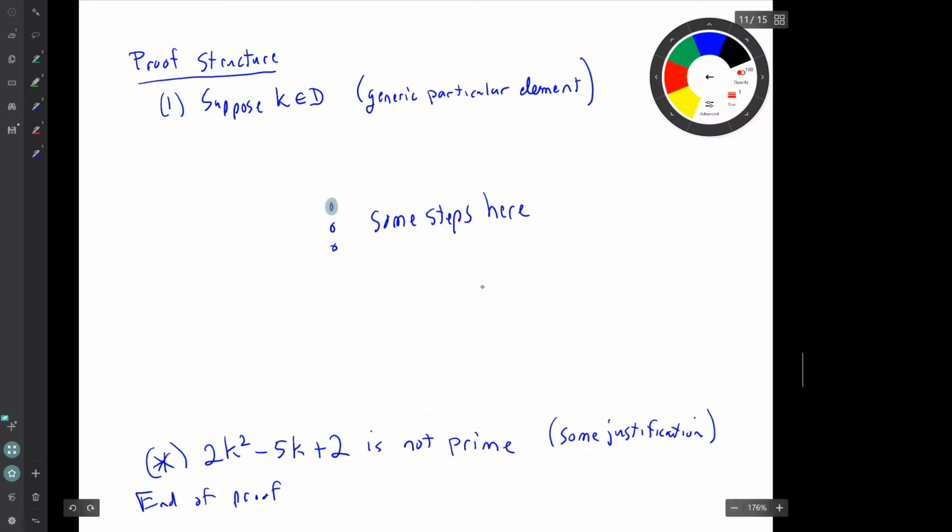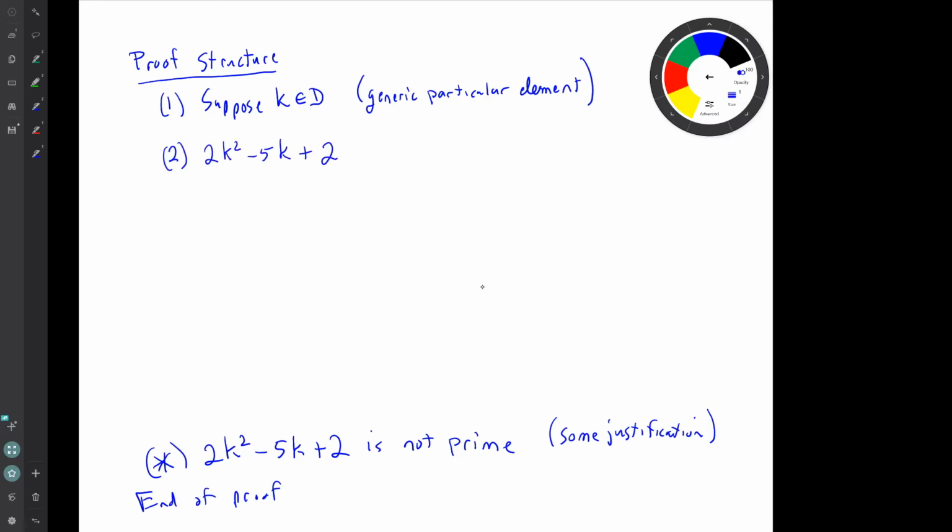So I'm going to clear out this middle part. Well, what do we do with this? Well, think about where we want to go. We want to show that that quantity is not prime. Prime has to do with whether you can factor things. So let's see if we can factor that expression.